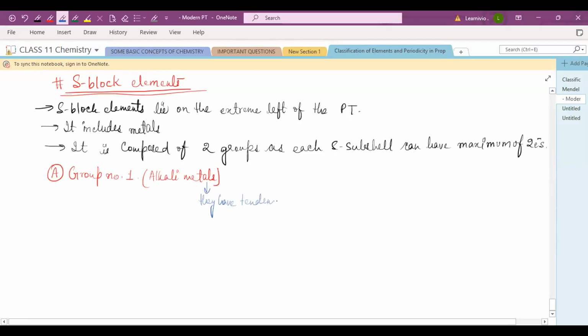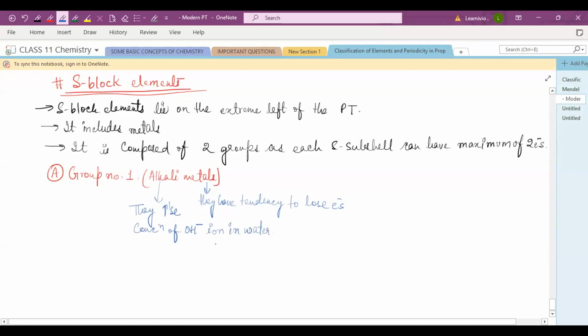They are alkali, which means whenever you put them in water, they increase the concentration of OH minus ion. If you react alkali metals with water, they increase the concentration of OH minus ion in water.